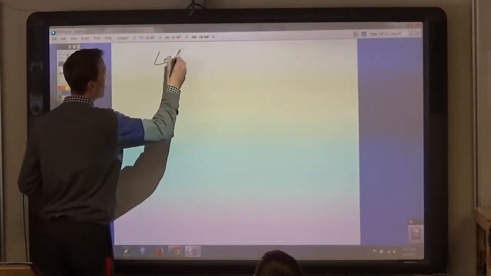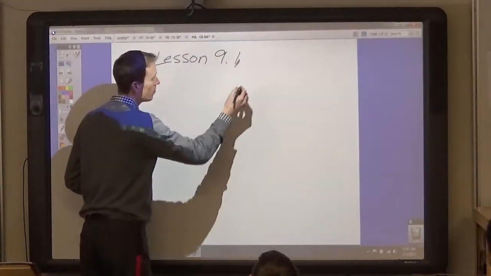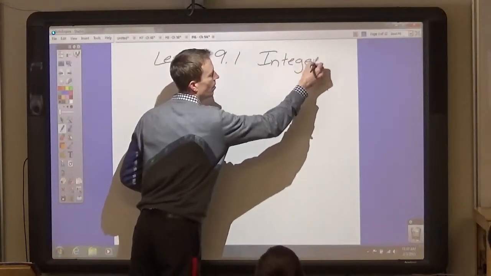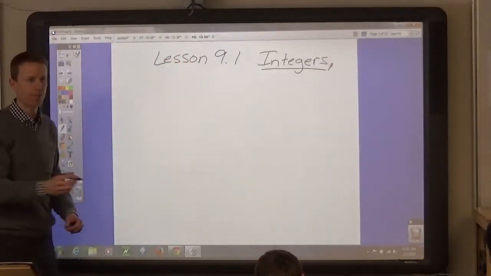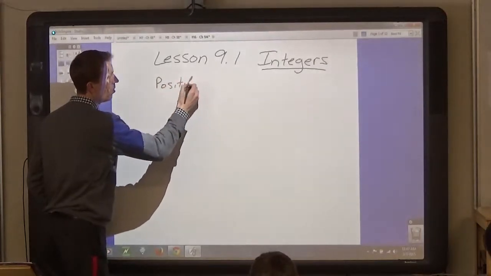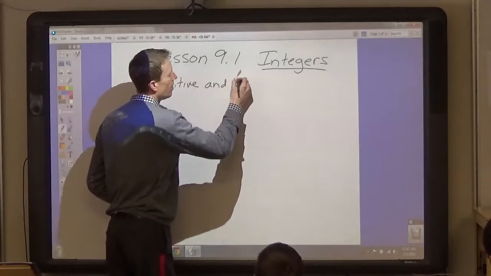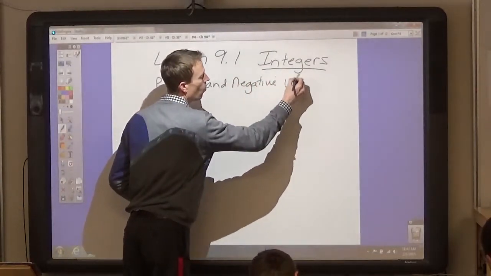Lesson 9.1 is about integers. Integers are positive whole numbers and negative whole numbers. Notice I said whole numbers, positive and negative whole numbers.